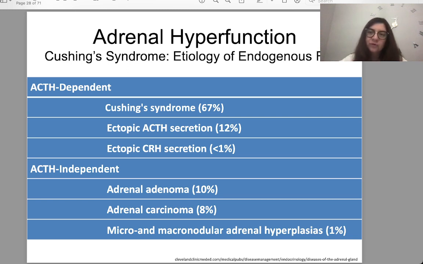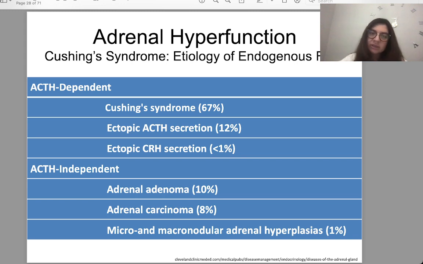The most often case, and it is primary. ACTH-dependent can also be ectopic ACTH secretion and ectopic CRH secretion, which in the structure of adrenal hyperfunction take 12% and less than 1% respectively.